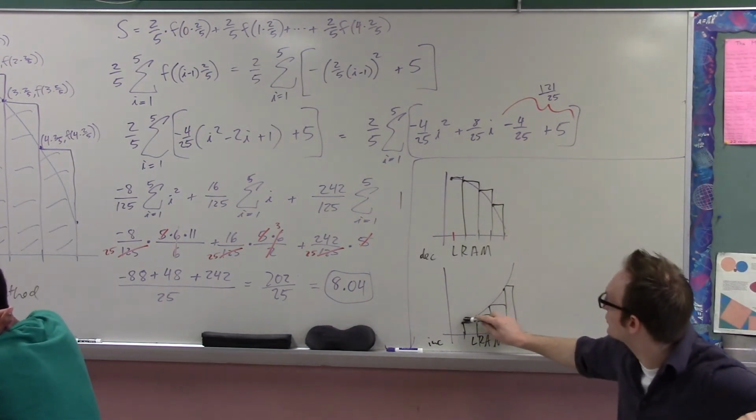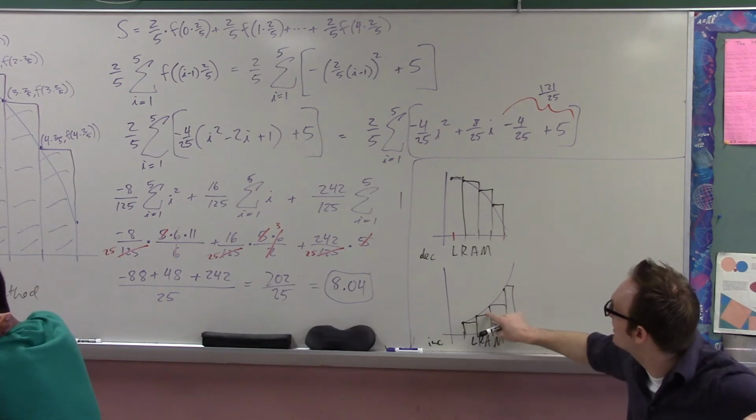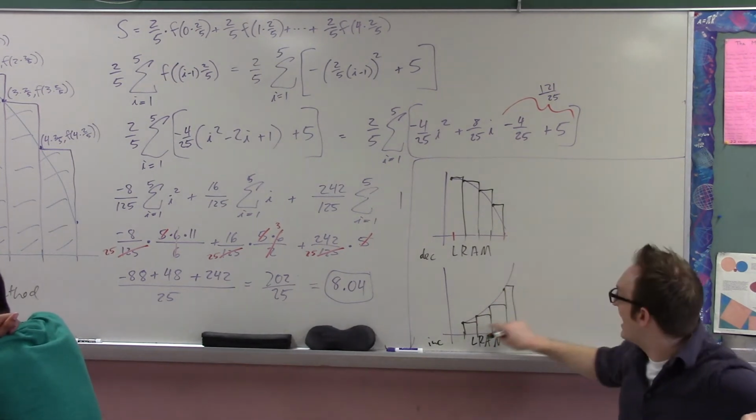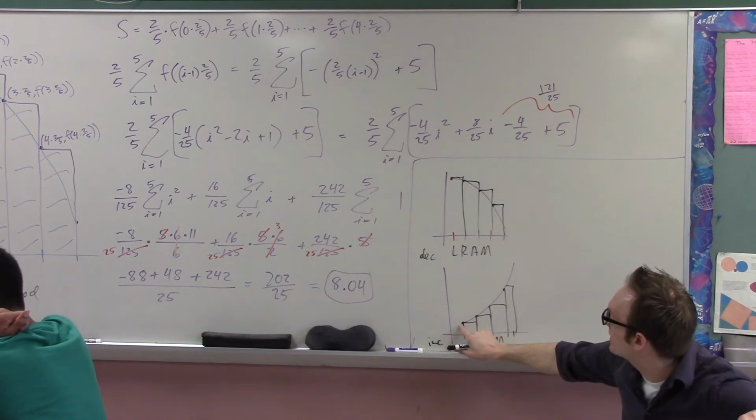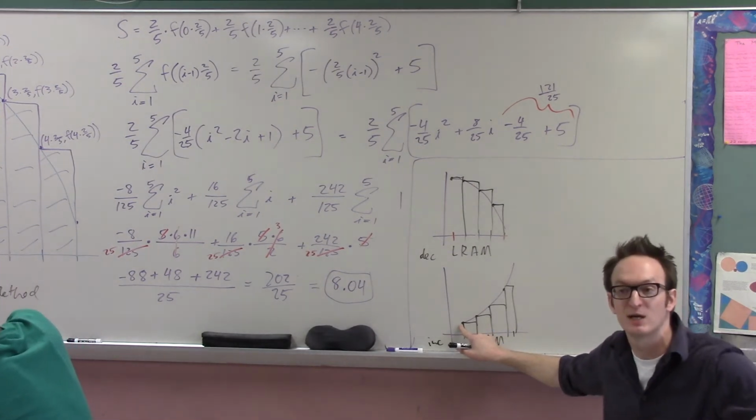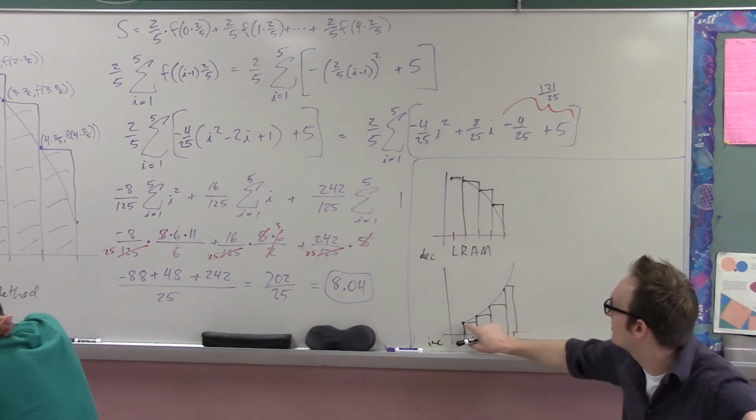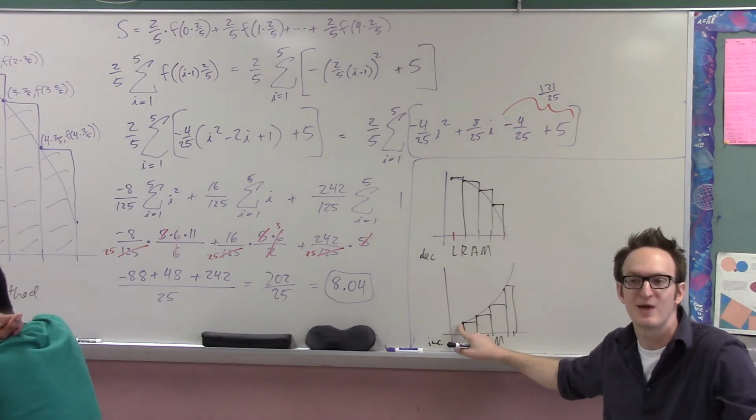Since the function is increasing, at every single moment the function is getting bigger. By letting the left endpoint of the subinterval be the approximation, it's going to produce an underestimate because that is the lowest the function is on that subinterval.